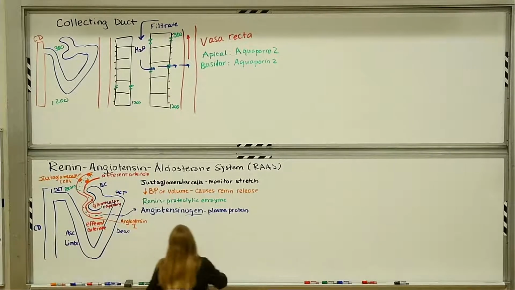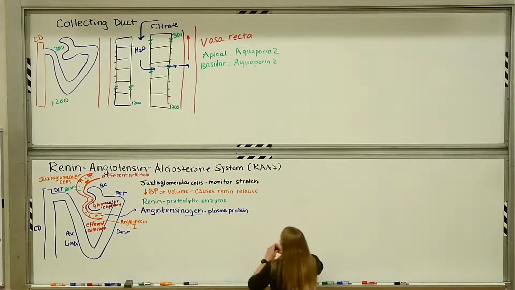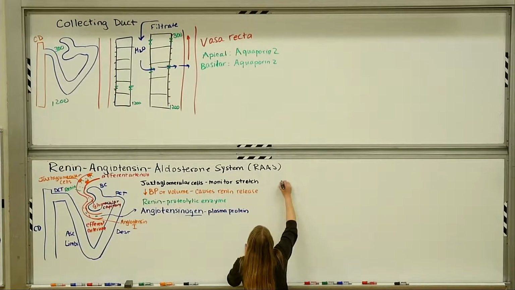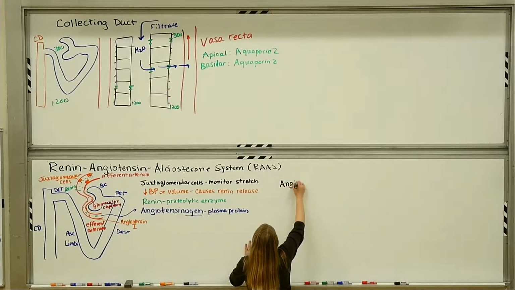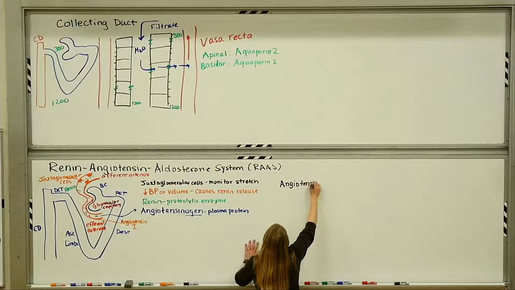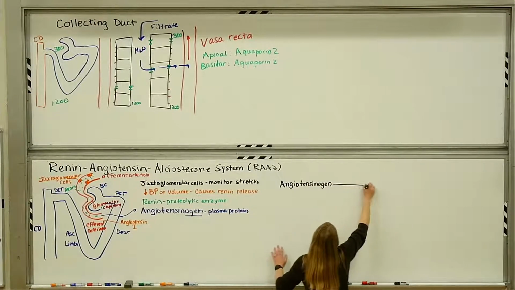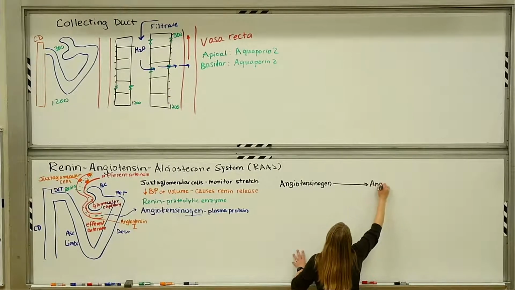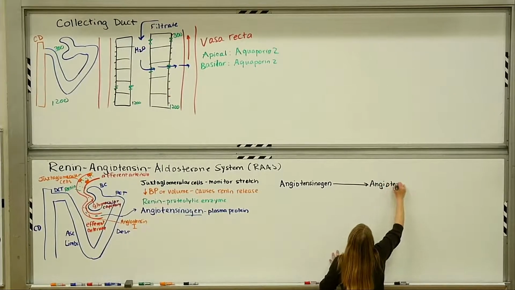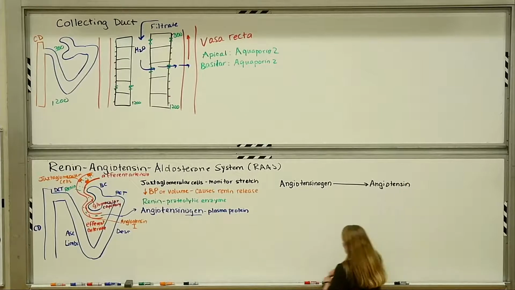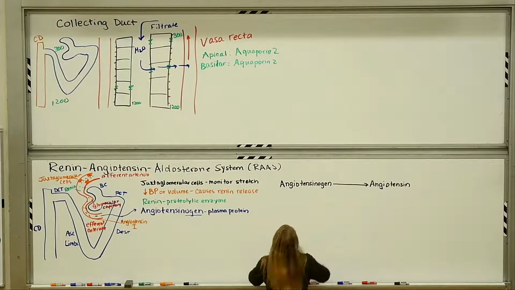Okay, so I think it makes more sense. I like to draw it out this way. You have angiotensinogen as your start. You're going to convert that into angiotensin 1 using renin.